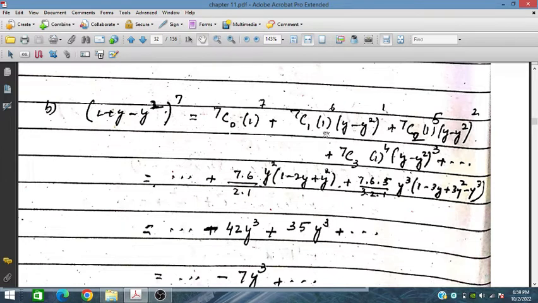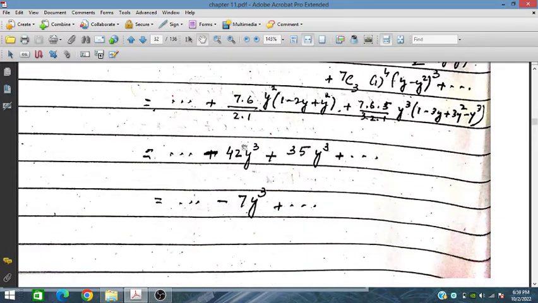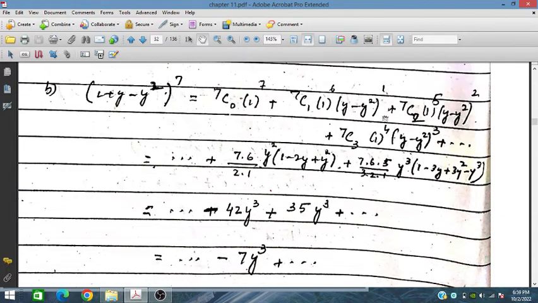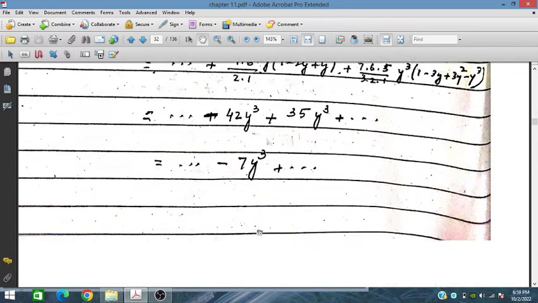In the first term we have no y cube because this is y and this is y square, so we consider this term and this one. For these two terms y cube is present, so we expand these two and we have obtained some results like this.